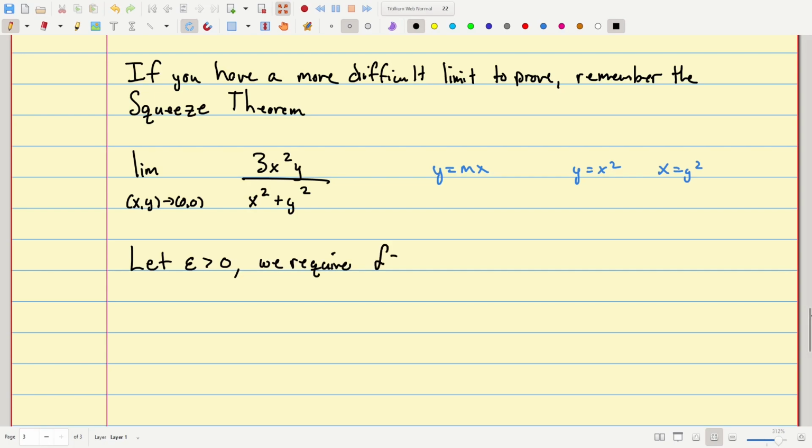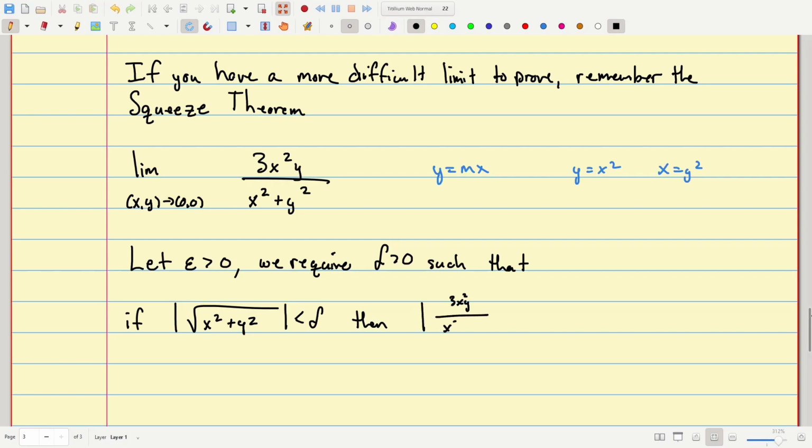We require delta greater than zero such that if the square root of x squared plus y squared is less than delta, then the absolute value of 3x squared y over x squared plus y squared minus 0 is less than epsilon.